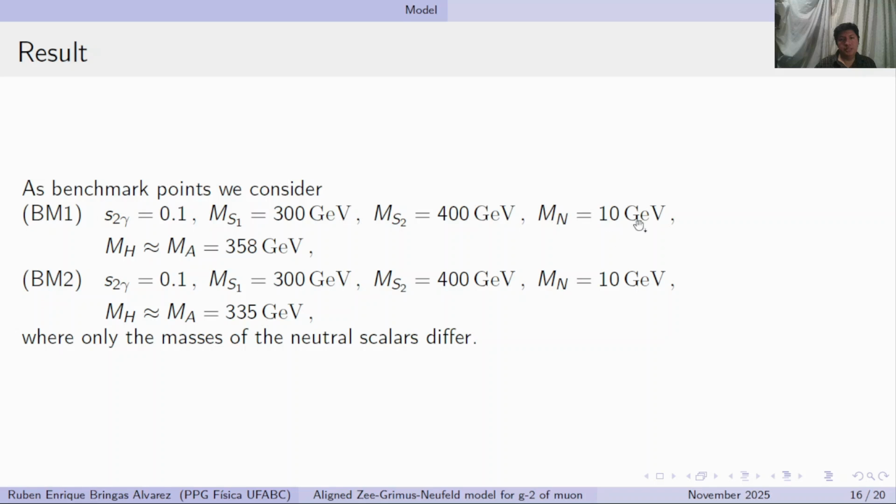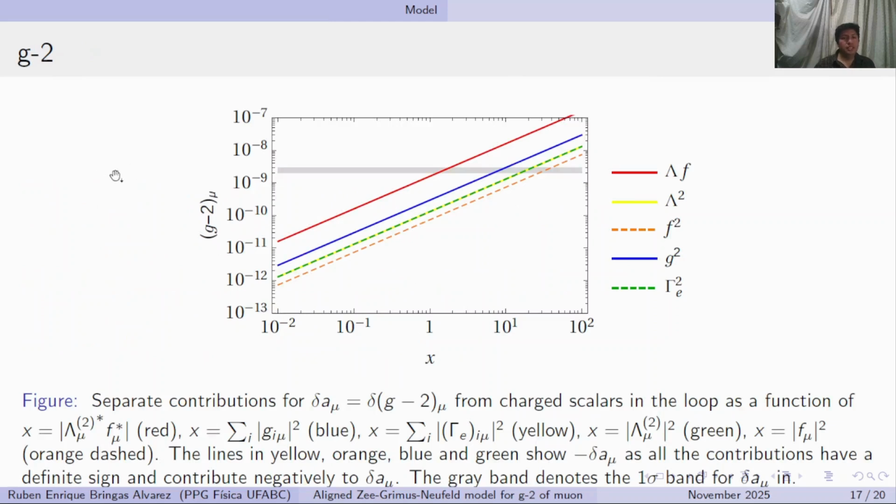This M_N is the right-handed neutrino that we use, and this M_H and M_A come from the Higgses. And now with this benchmark, we are able to solve everything we need. For g-2, we are able to correct the value of the discrepancy, as you can see, where this gray band is the value plus sigma and minus sigma of g-2.